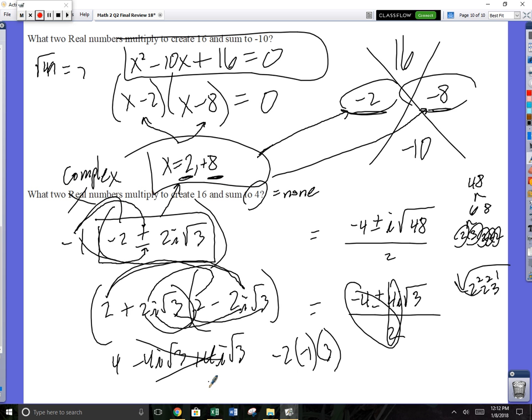So I've got 4 plus minus 4 times minus 1 times 3. It's 2 times 2, not minus 2, it's minus 4. So there we go. Minus 4 times minus 1 is a positive 4. 4 times 3 is 12. 4 plus 12, that is giving me the 16. So that's it.